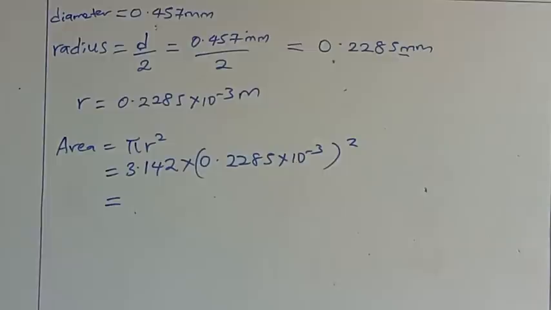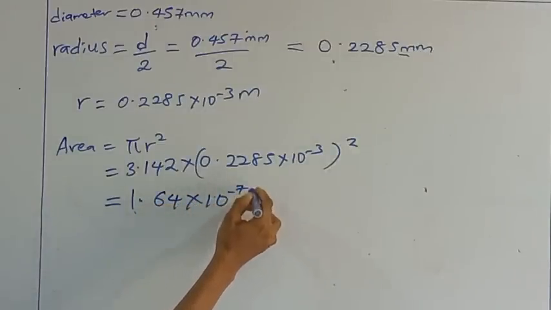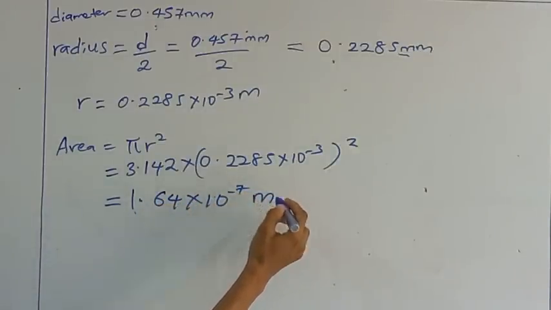At the end, we are going to get the area of this 26 SWG Constantine wire as 1.64 times 10 raised to the power minus 7 meter squared. So we have gotten the area.